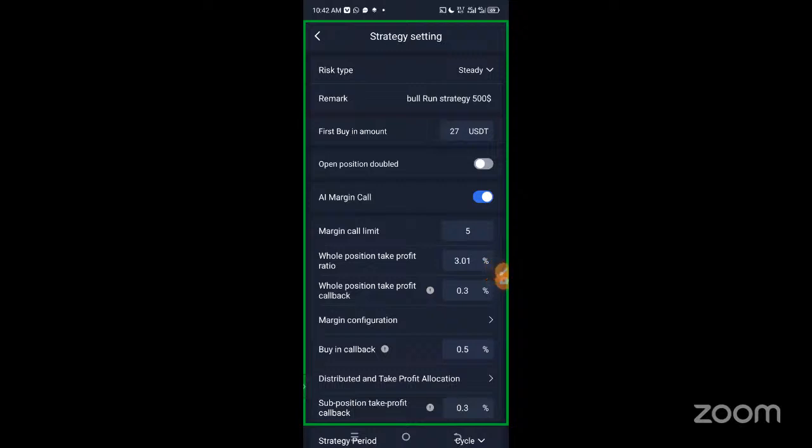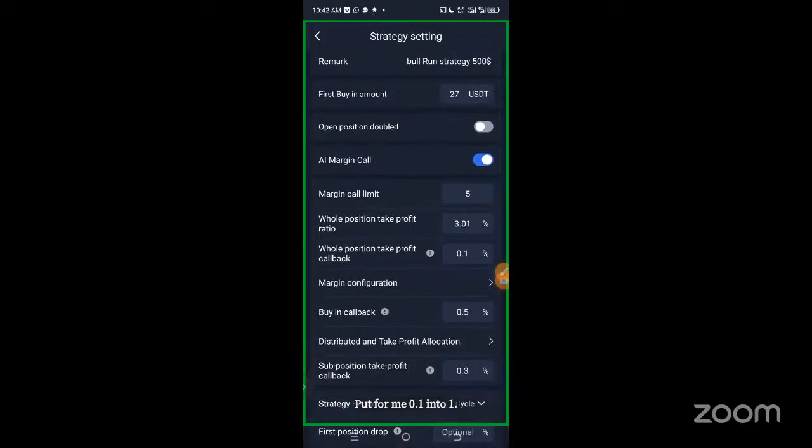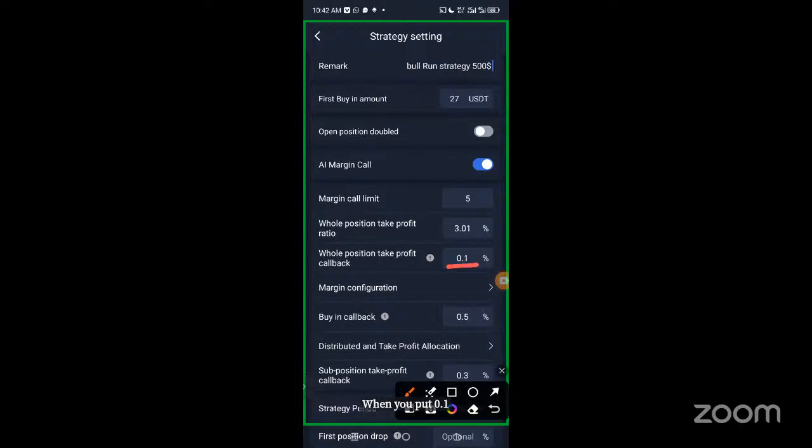On take a profit callback, put for me 0.1. When you put 0.1, what are you commanding the robot?